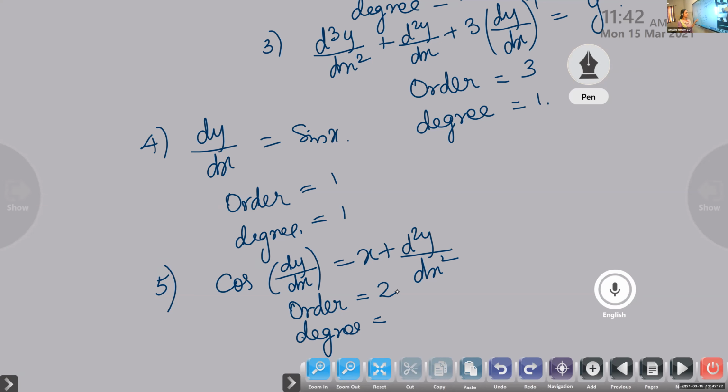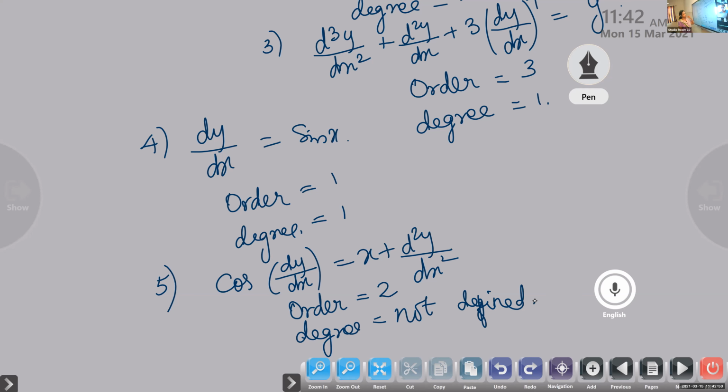Inside the cos function, we have a derivative, we are getting the derivative as an argument. So whenever a differential coefficient comes within another function, degree is not defined. We cannot remove that one. So here, degree is not defined.